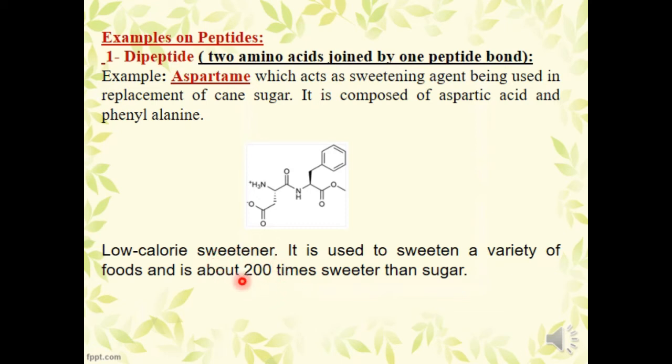Aspartame here is 200 times sweeter than sugar, so food manufacturers only need to use less to produce beverages at the expected sweetness level, rather than using sugar, sucrose.